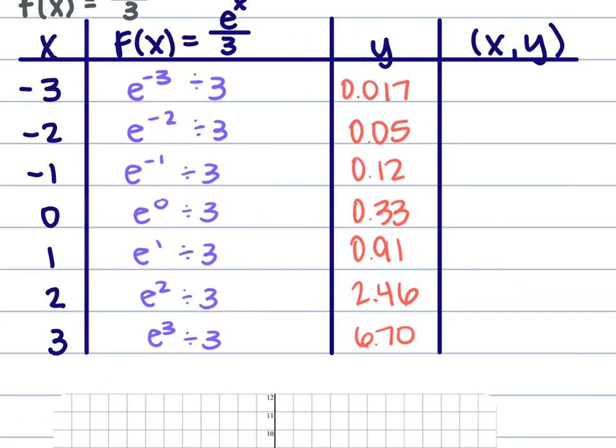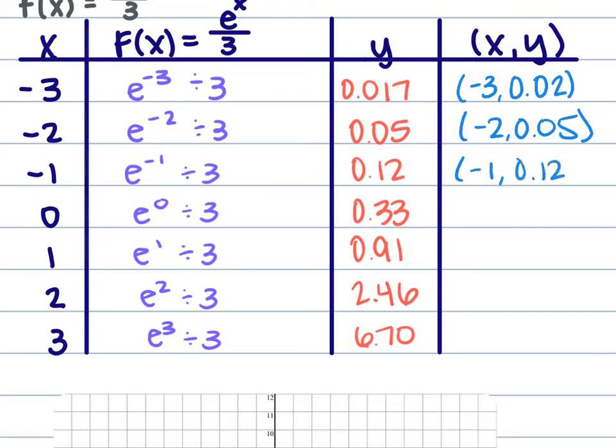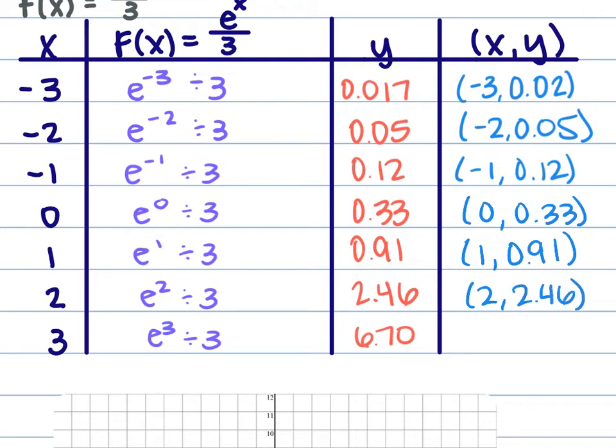So my ordered pairs are going to be negative 3, 0.02, negative 2, 0.05, negative 1, 0.12, 0, 0.33, 1, 0.91, 2, 2.46, and 3, 6.70.